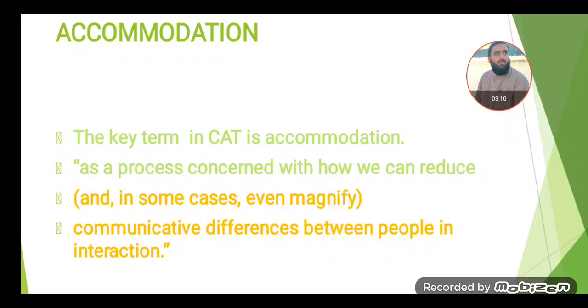Accommodation is defined as a process concerned with how we can reduce and in some cases even magnify communicative differences between people in interaction. That is, how we can reduce the difficulties, how we can facilitate the process of communication in order to deliver our speech successfully and effectively, okay.